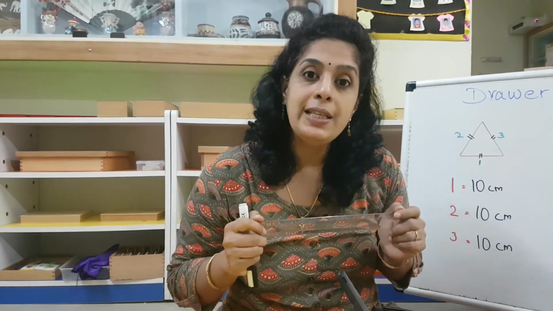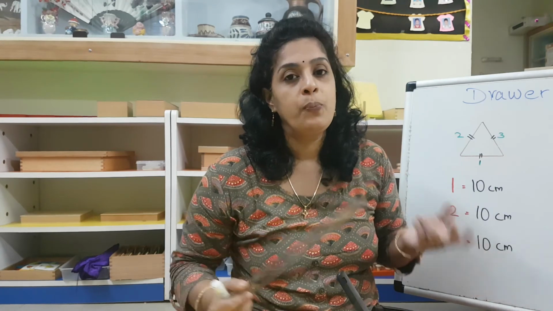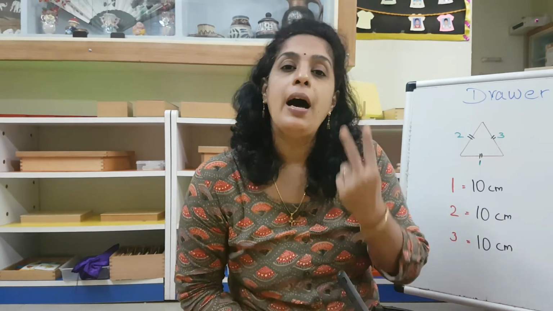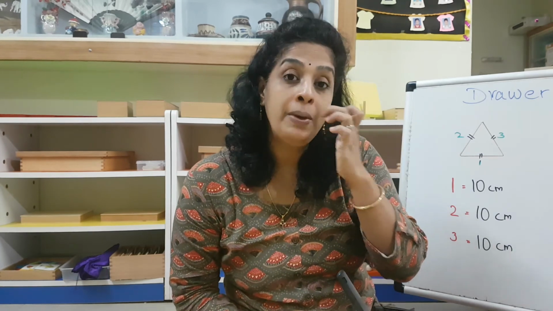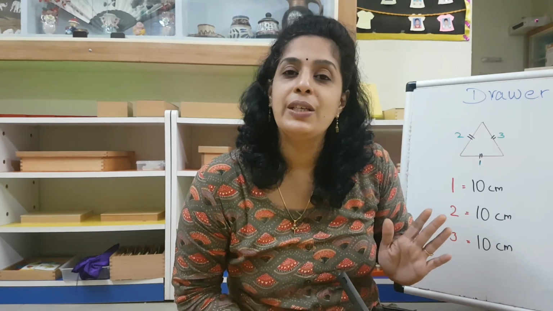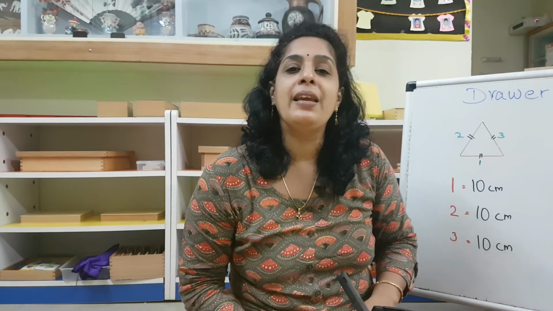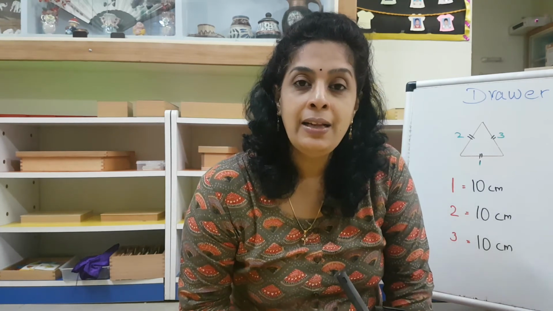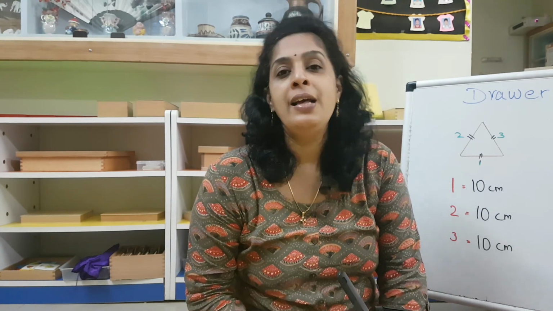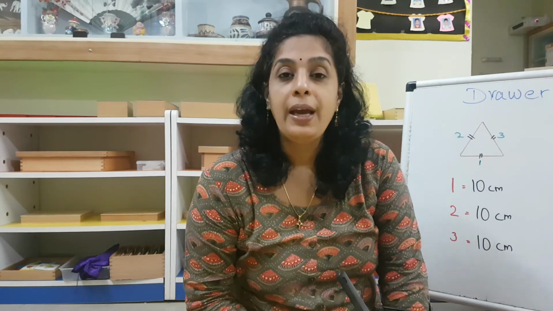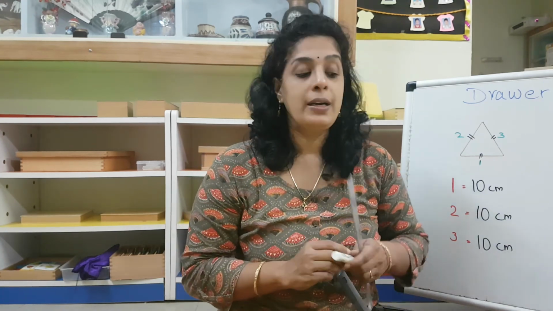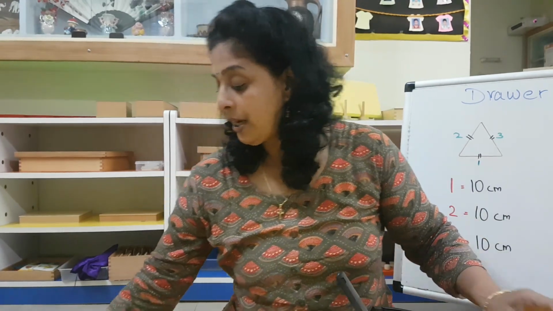So, when all sides are equal, it's equilateral. 2 sides are equal, isosceles. All 3 sides are different means we call it what? Scalene. Equilateral triangle, isosceles triangle, scalene triangle. I hope you got it. Okay. Next week I will show you, but one time again I will show the names to you. Take a look.